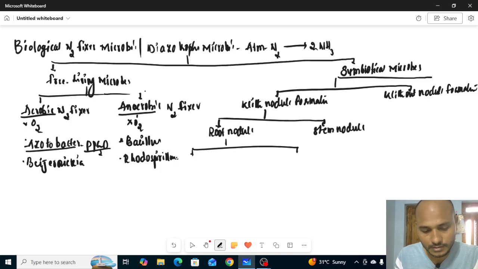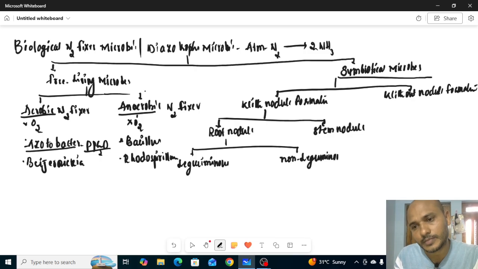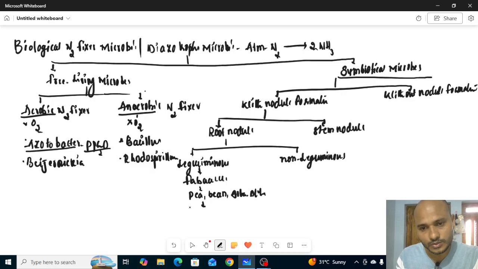So here, root nodules in leguminous plants. Leguminous plants means Fabaceae plants, and here non-leguminous plants. Leguminous plants are nothing but Fabaceae plants like pea plant, bean plant, and alfalfa, etc. In these plants the microbe is Rhizobium, very important.